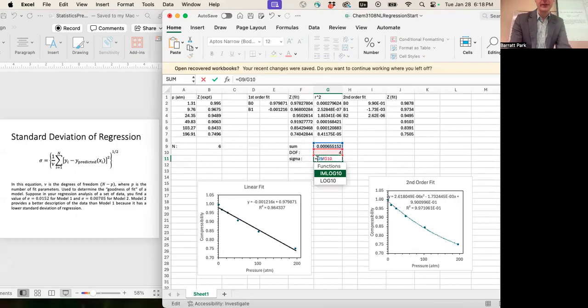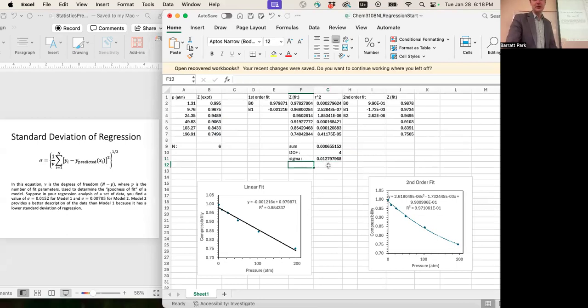So I'm going to put parentheses around this expression, and I'm going to type sqrt, that's the name of the square root function. Okay, and I hit enter, and that tells me that my standard deviation of regression in this case is 0.013.